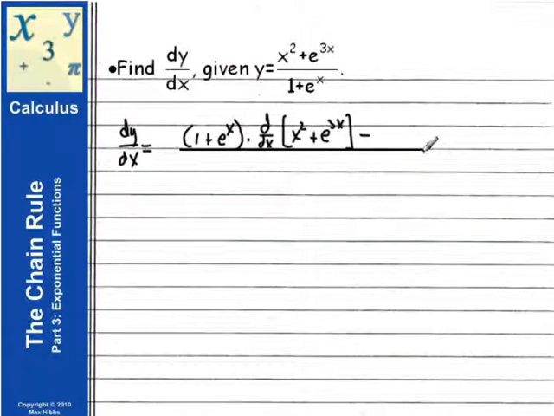And then we subtract. Oh, then we reverse that, don't we? We take the numerator, which is x squared plus e to the 3x, and we multiply that with the derivative of the denominator.